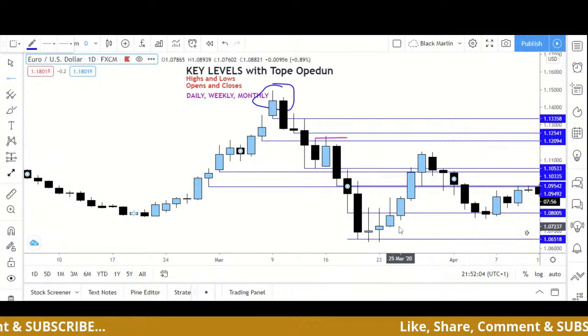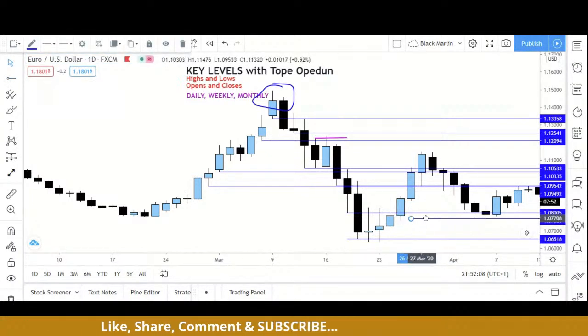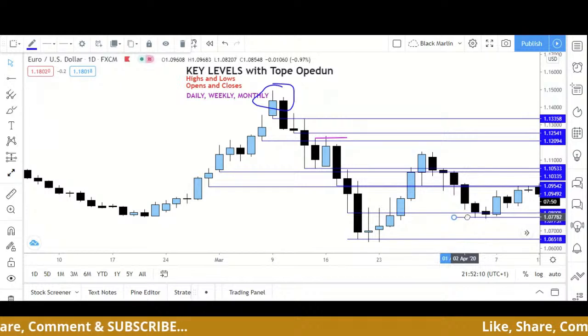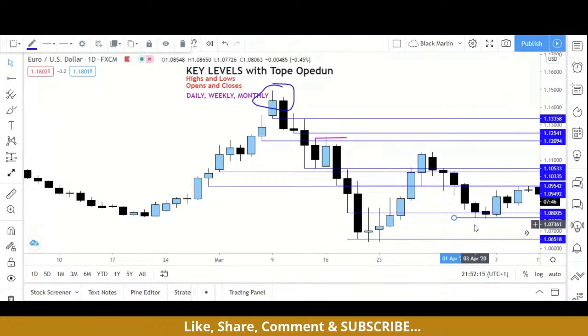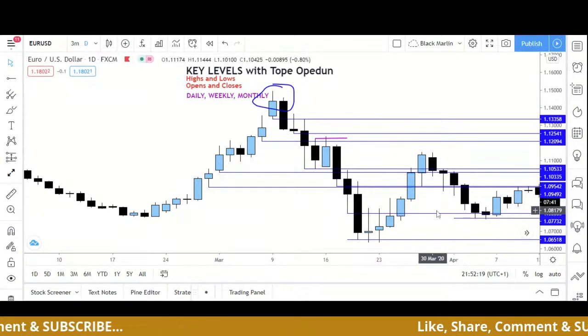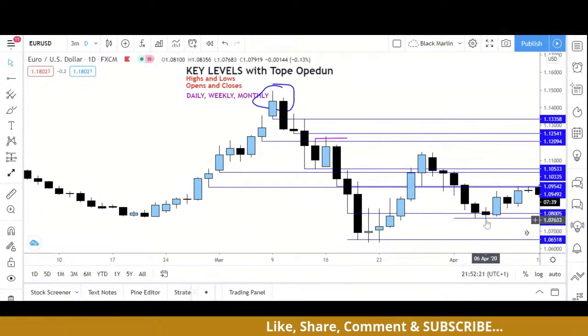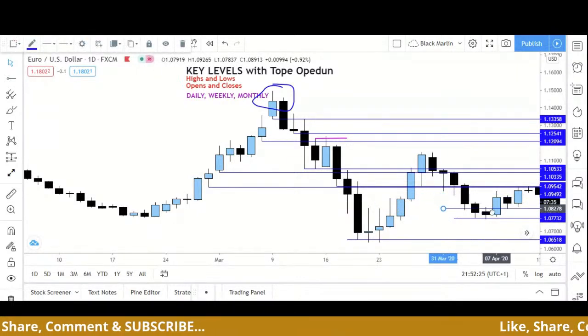But the ultimate one was this low. So we have the 3rd of April, its low was taken out, okay? As well as we have a key level around that area.